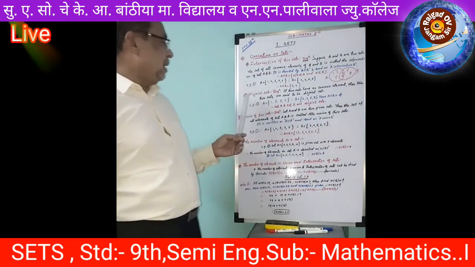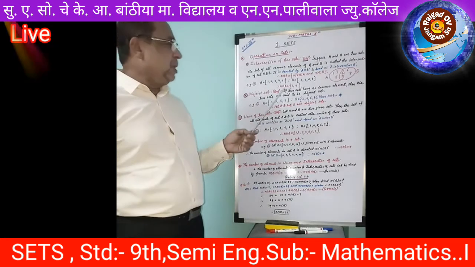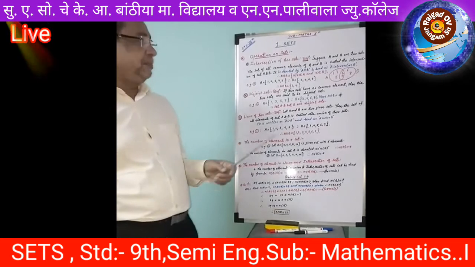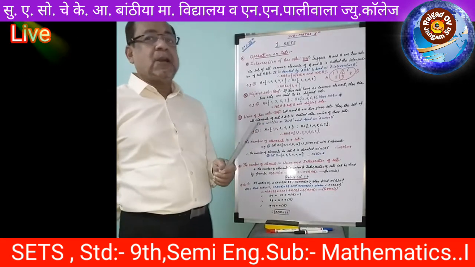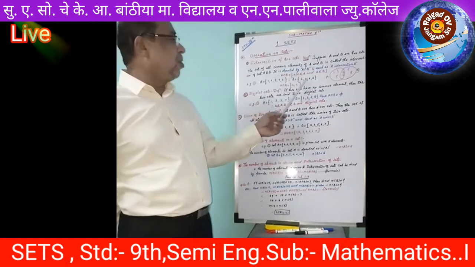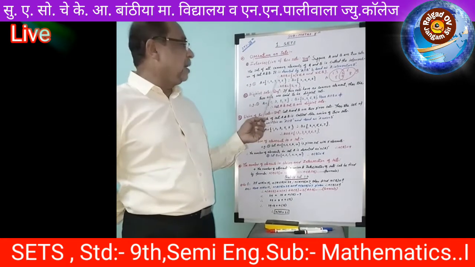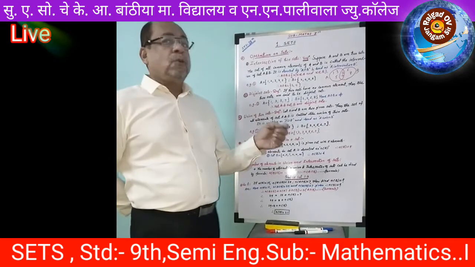Now the next one, that is disjoint sets. What is meant by disjoint sets? If two sets have no common elements, then the two sets are said to be disjoint sets. Where two sets have common elements, you write A intersection B in curly brackets with the common elements. But here there is no common element.